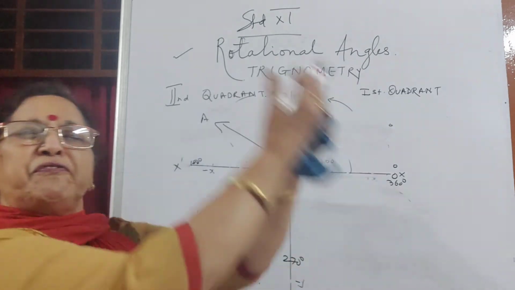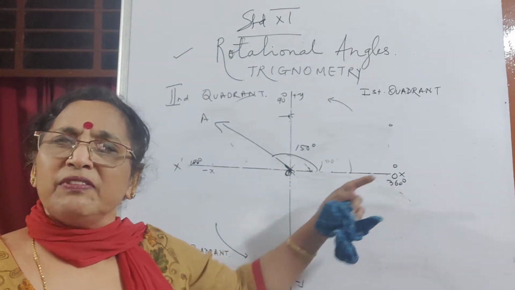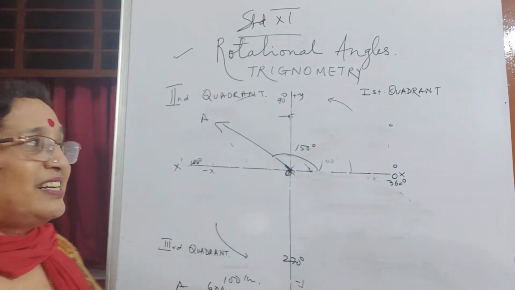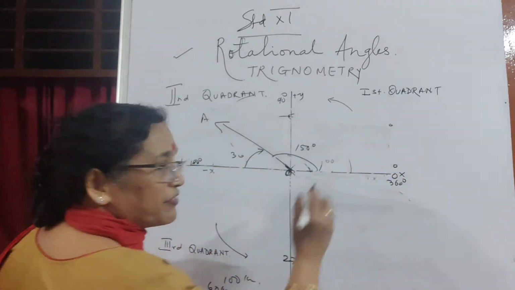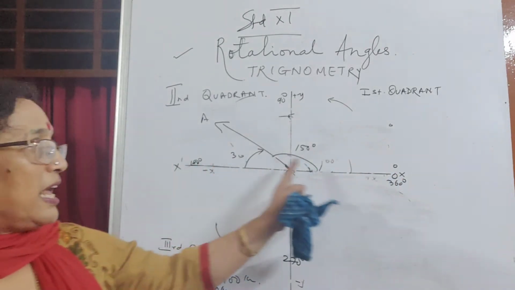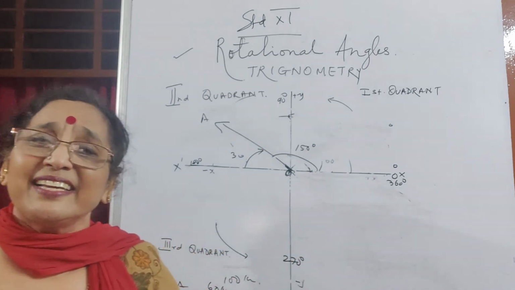Instead of saying I am 150 degrees from the starting line, I will say I am just 30 degrees clockwise, because this is my line of reference, right? That's the exact example.